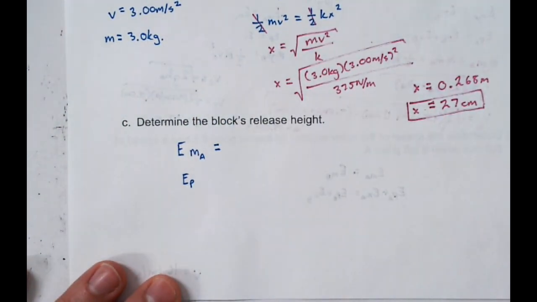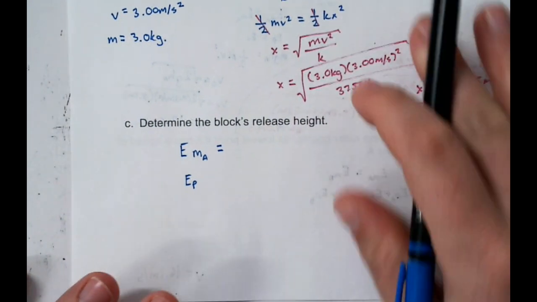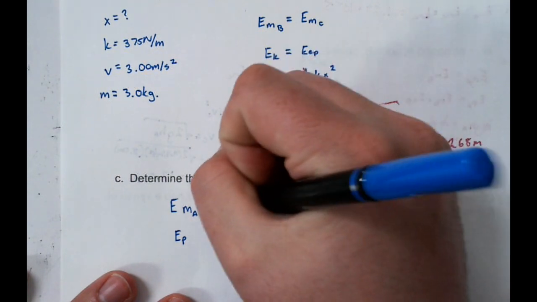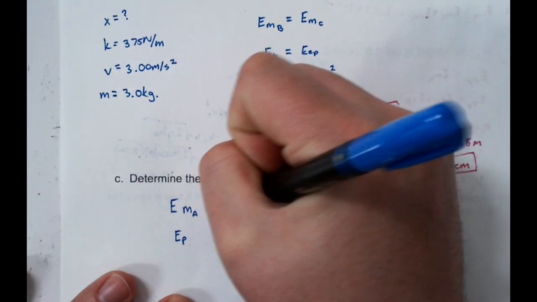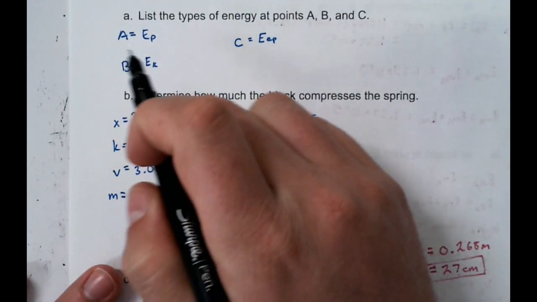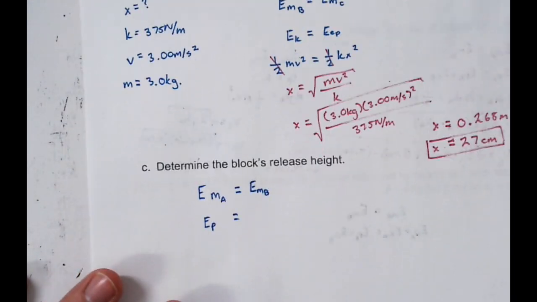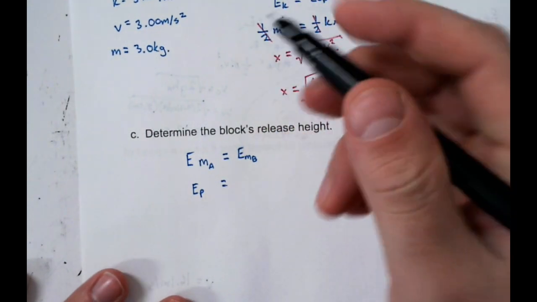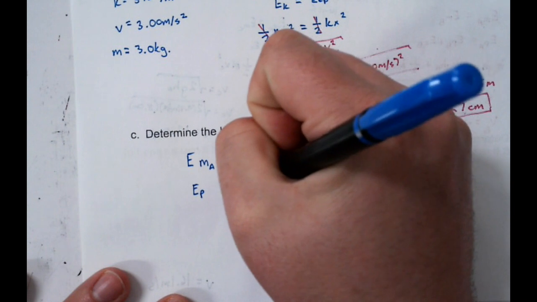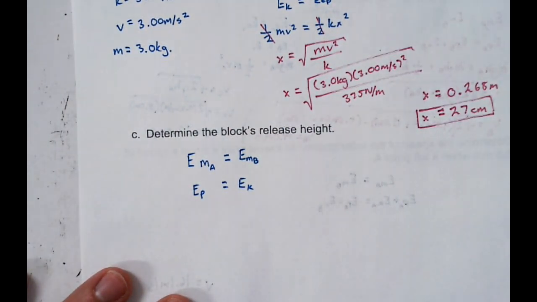We're going to make that equal to, we can take either point B or point C. I'm going to pick point B. So the mechanical energy at point B, remember, was all kinetic energy. There was no height and there were no springs.